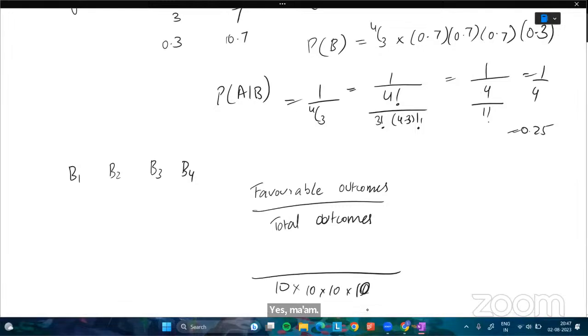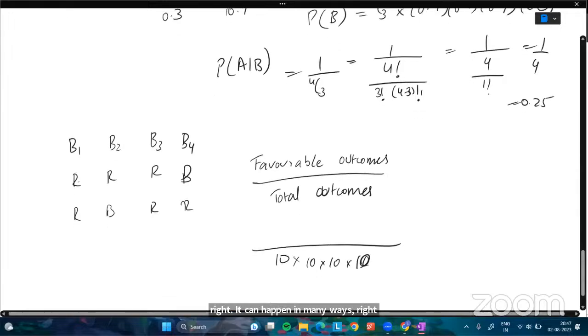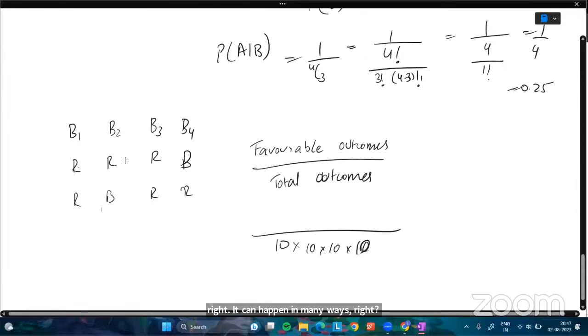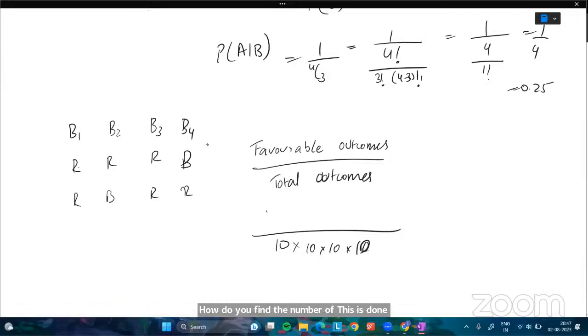The favorable outcomes would be all conditions in which you have red, red, red, and black. It can happen in this way, it can happen in this way, it can happen in many ways, right? So how do you find the number of ways in which this is done? 4C3. That's why the 4C3 comes.